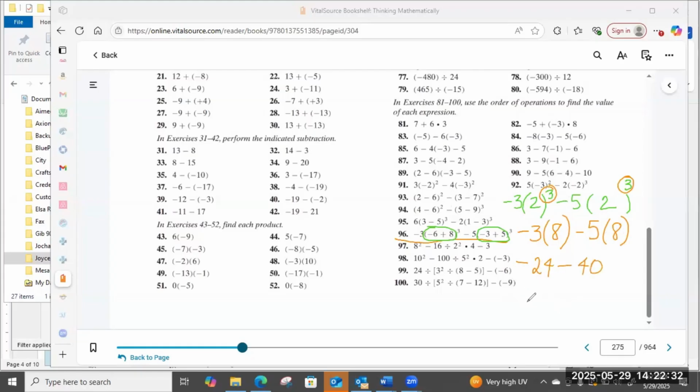So now I'm just left with subtractions, and I do those from left to right. And I want to think of this as -24 plus the opposite of 40. So -24 plus -40. And now I can just add up the absolute values and keep the sign since they both have the same signs. That gives me negative 64.